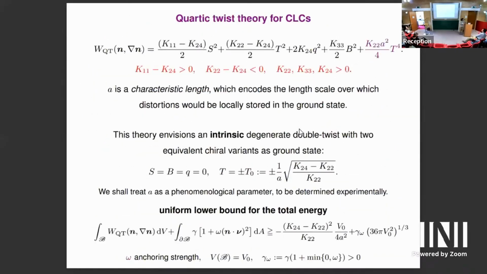I want to find a minimalistic quartic theory, because my aim is to have a double twist configuration as a ground state, and so I only need to add one term, because the more higher order terms we introduce in the model, the more difficult the model is.